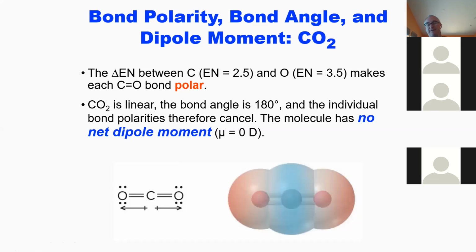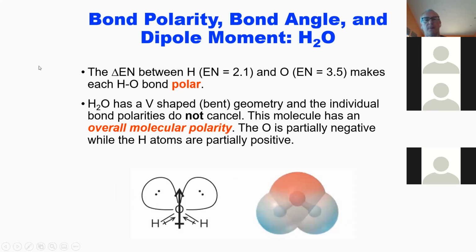So here's the exact thing. I've got two polar bonds and a net dipole moment of 0 because they're exactly the same size, going exactly opposite directions. If, however, I've got two polar bonds in water, the shape determines its polarity. I have a dipole pointing in this direction and another dipole pointing in this direction.